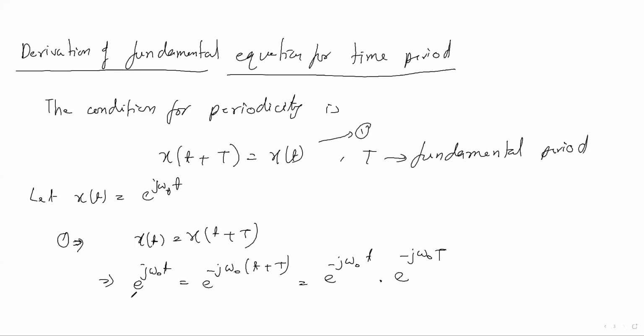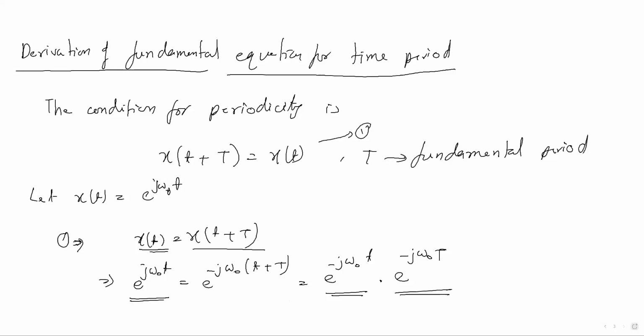You can see these things come as it is here, so we have to equate these two signals. Both sides should be equal. When will that be equal? Let me go to the next slide.